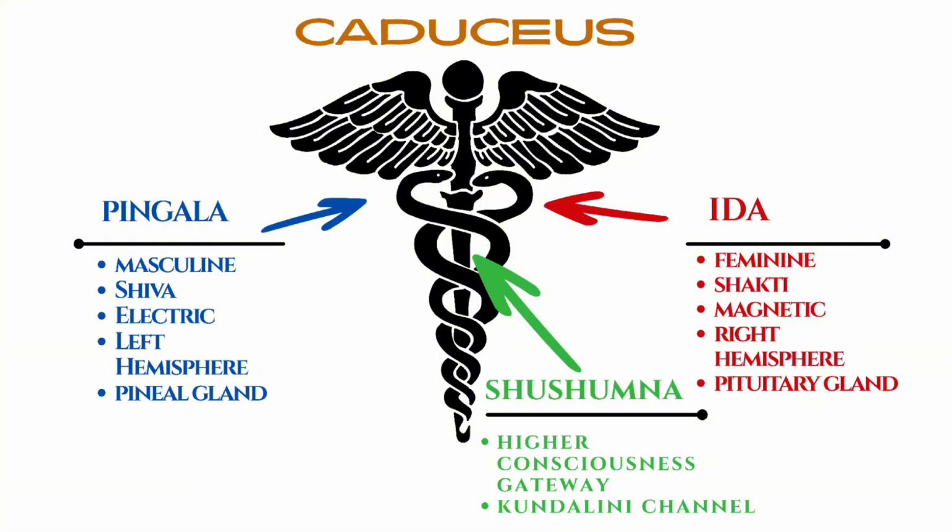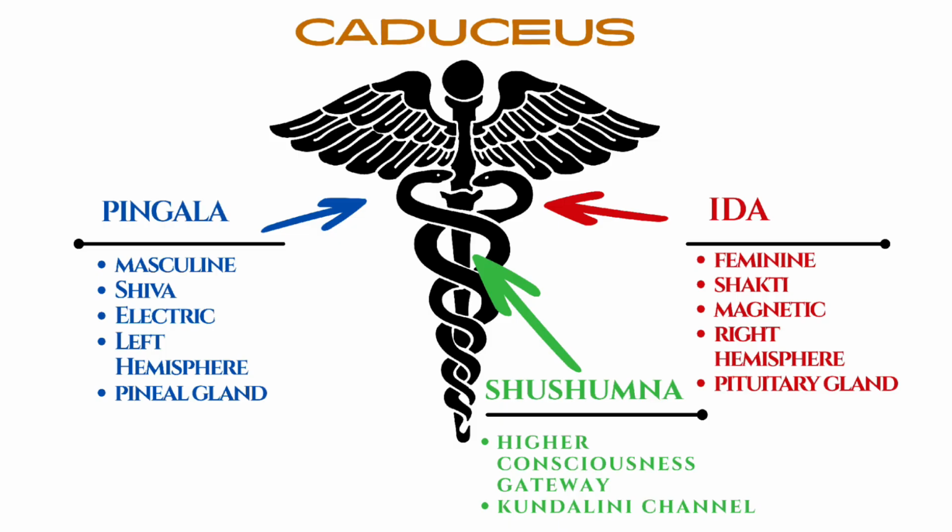But really, that middle part that you see there, which is the staff in this picture, is representing the Sushumna channel of consciousness, which acts as the gateway to higher states of awareness. This is where Kundalini moves up through your spine, or the Sushumna channel, once it's been activated. Now, the two serpents that you see in the image are, of course, the masculine and feminine energies.